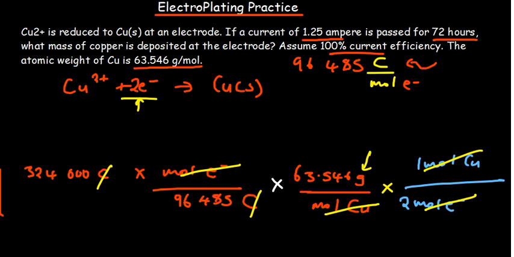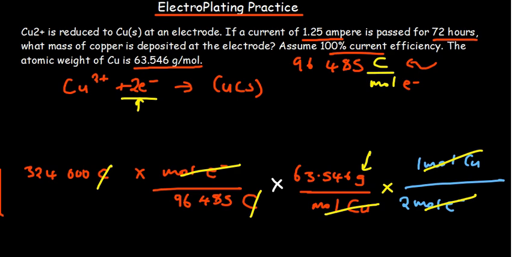So if I grab my calculator, beginning with the charge, 324,000, let me multiply first by 63.546, and then we'll divide by what's on the bottom.